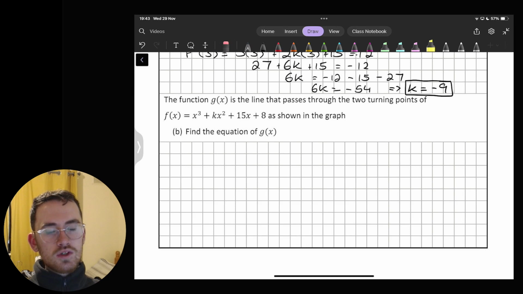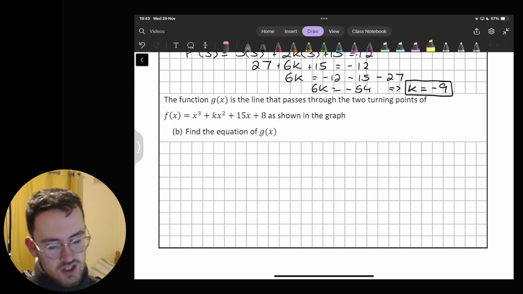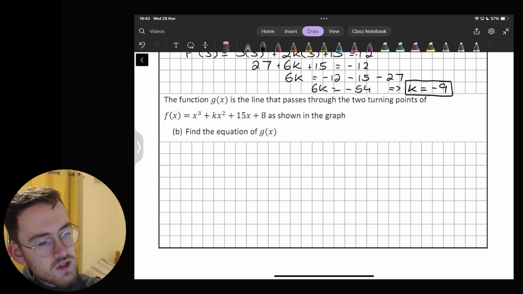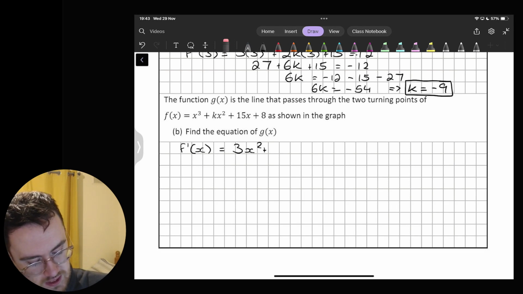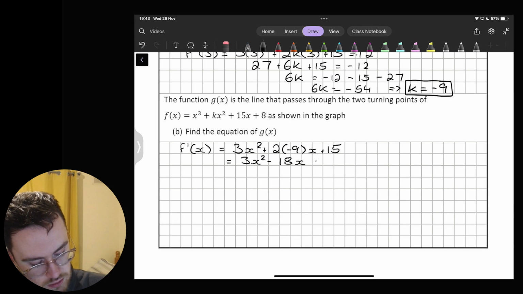We're going to start by finding my turning points, which is a good place for us to start here. To find the turning points of my function, I'm going to be differentiating. We have differentiated already, and we also know what k is, so let's sub that in as well. 2 times minus 9x plus 15, so 3x squared minus 18x plus 15.